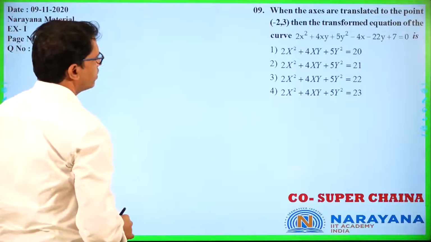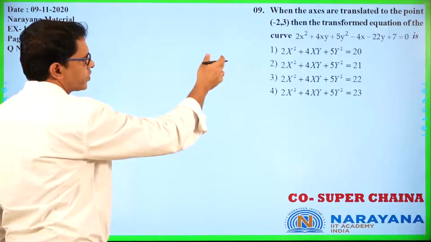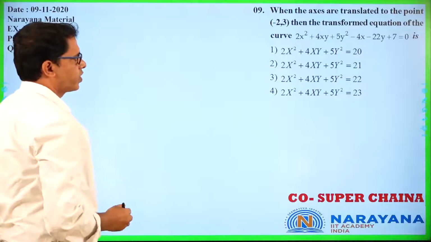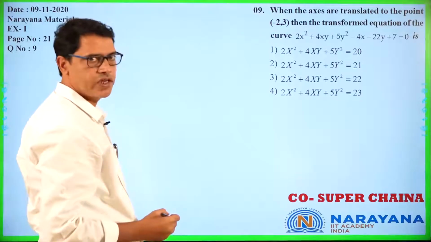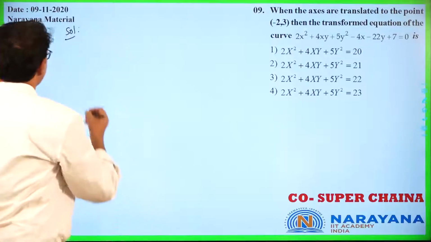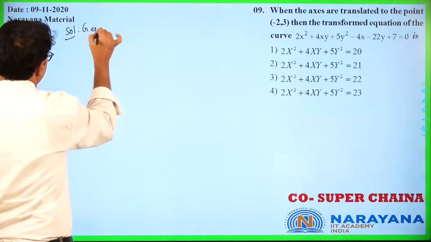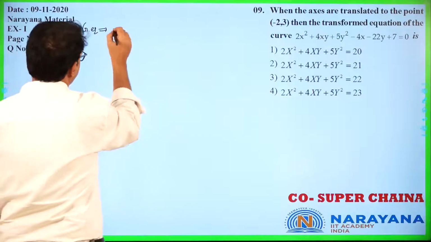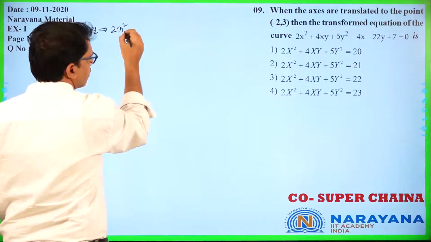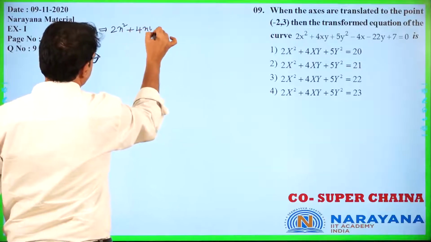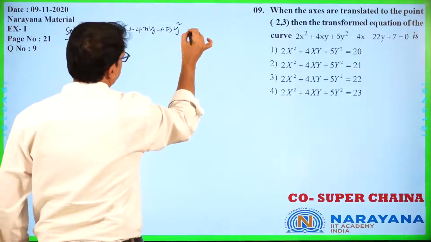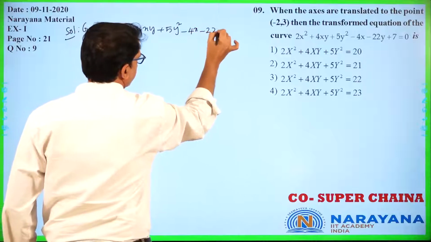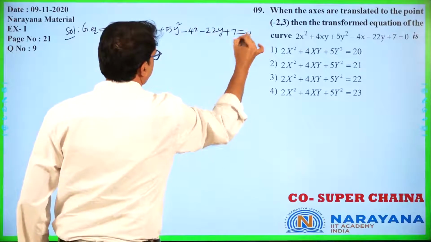So what is the given equation? 2x square plus 4xy plus 5y square minus 4x minus 22y plus 7 equals to 0. Okay? So given equation implies 2x square plus 4xy plus 5y square minus 4x minus 22y plus 7 equals to 0.